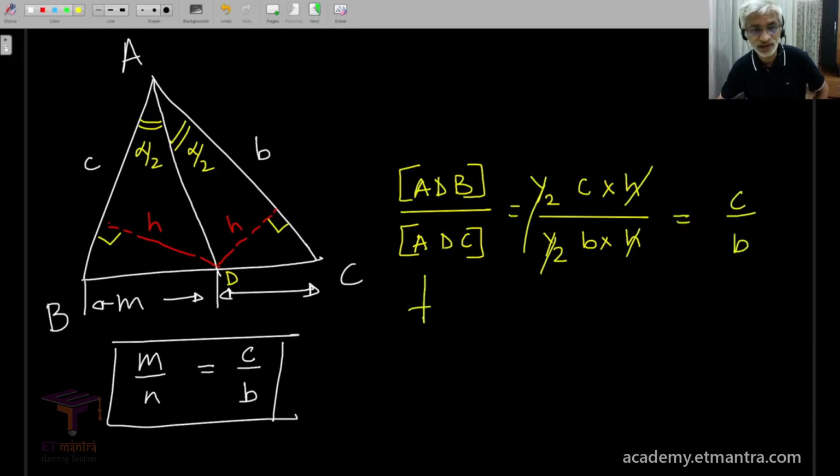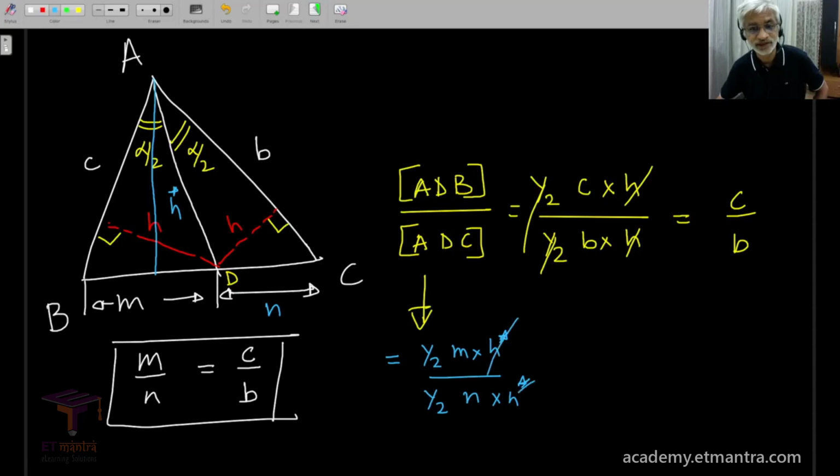Now we will do this area ratio by a different method, and again as a standard idea. Both these triangles here have a common height. If you take the height from A, let's call it h star. In this case, the ratio of the areas is going to be half m into h star, and the other triangle is going to be half n into h star.